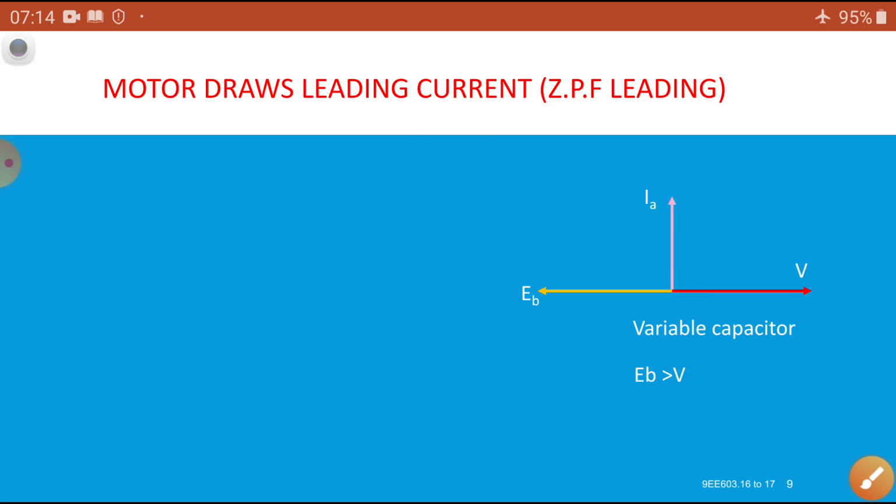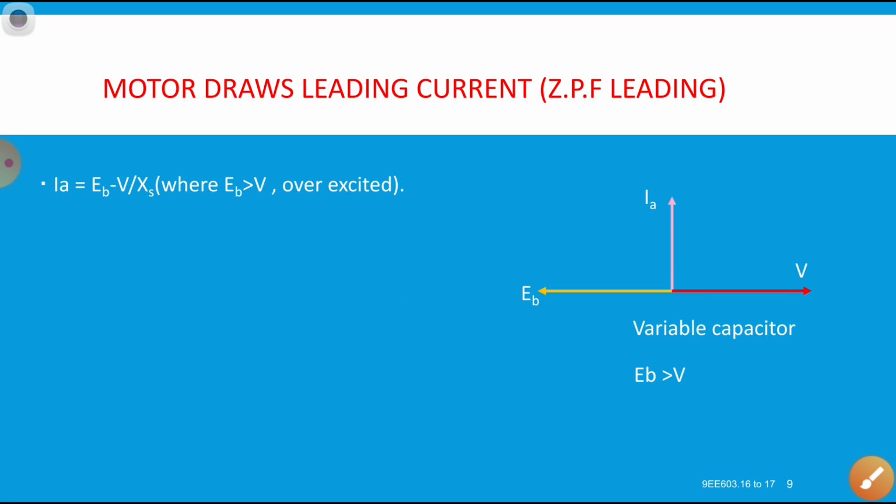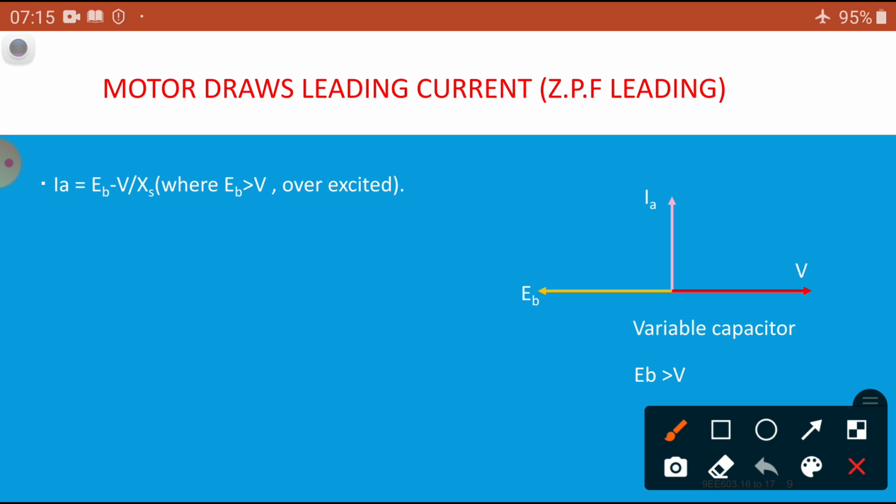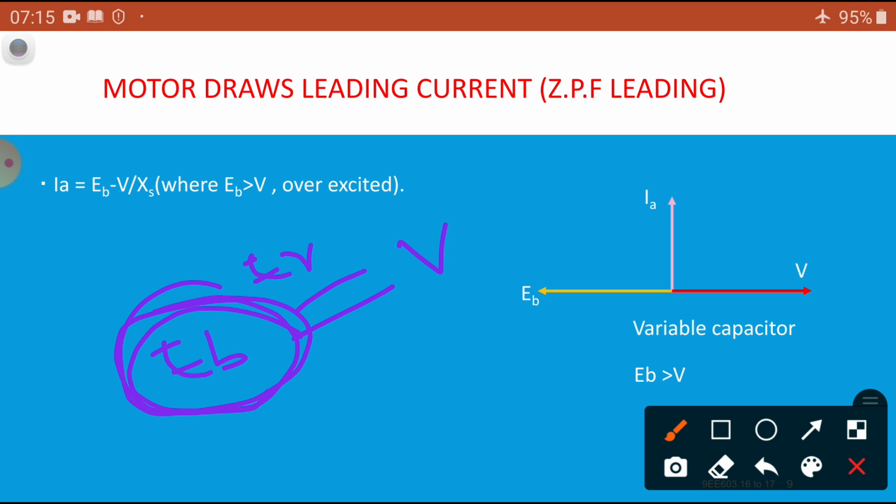Now, what happens, you can see here. The armature current, as we know, is equal to EB minus applied voltage divided by the impedance. What is the formula? The applied voltage is V and the generated voltage is EB. In between there is ER, the resultant voltage.